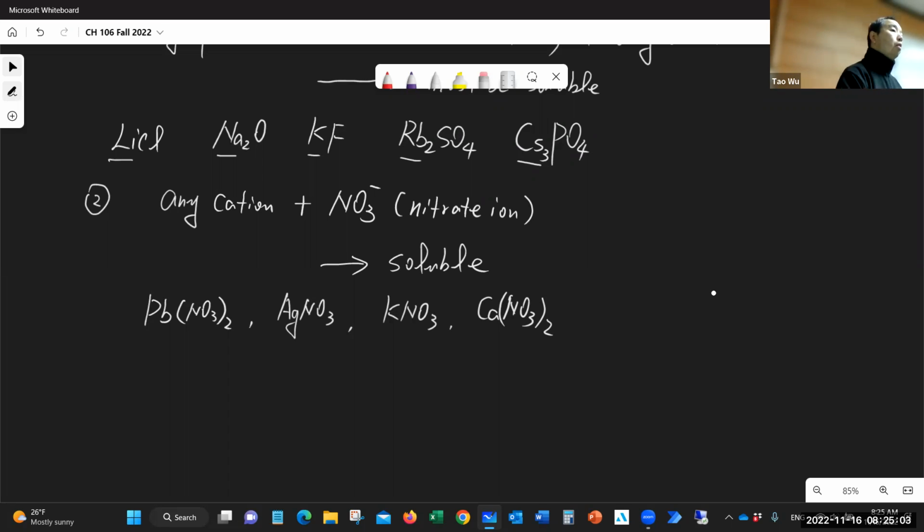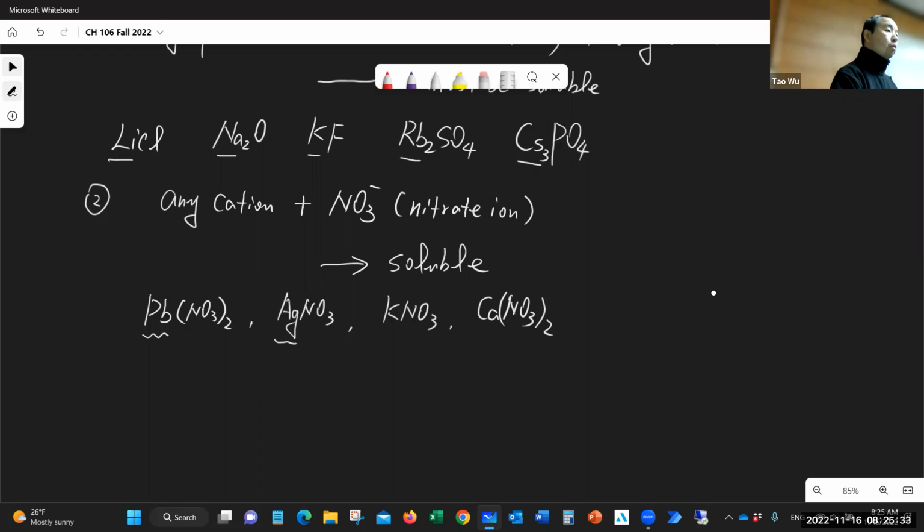Those will all be able to dissolve in the water. And usually, for the lead and the silver cations, in most cases those are precipitates. They are not able to dissolve in water except as nitrate. So it doesn't matter what kind of cation, nitrates are always soluble.